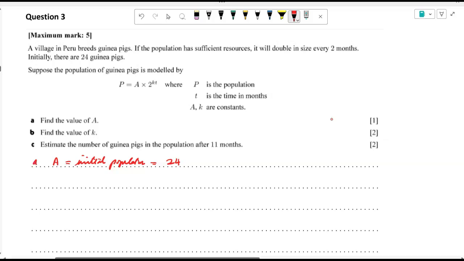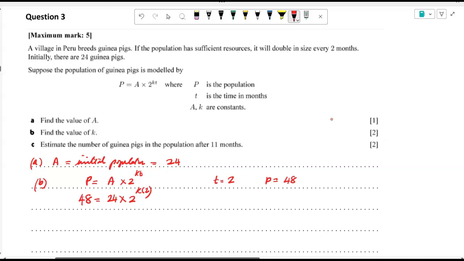Then the value of K, you substitute. P is equal to A into 2 raised to Kt. P is 24 now. So can I say when t is equal to 2 months, correct? What does the population become? 48. So population will become 48 from 24 in 2 months. Are you following that?